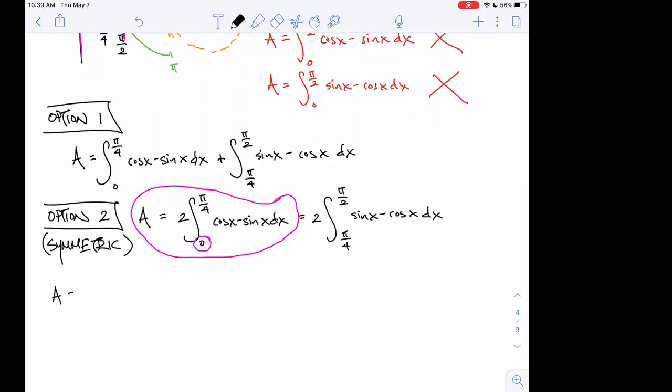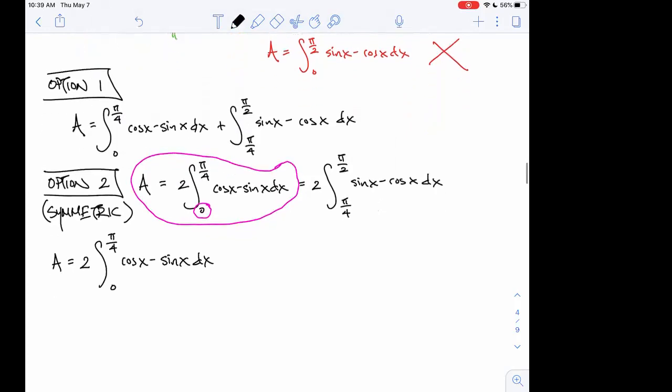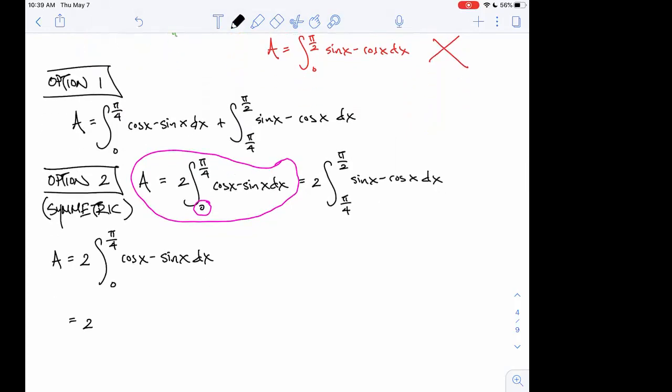Okay, so let's take a look at what happens when we find the area from 0 to pi over 4 of cosine x minus sine x dx. So the integral of cosine x gives us what? Sine x? It does give us sine x, good.